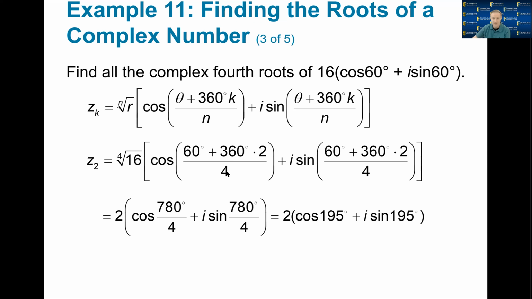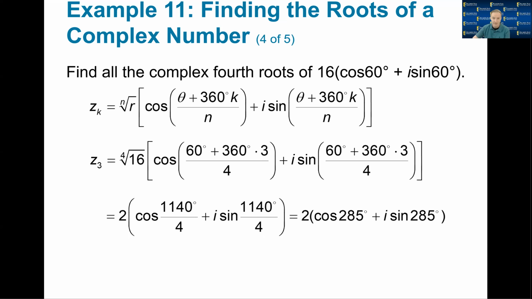Well, 360 times 2 is 720. 720 plus 60 is 780. 780 divided by 4 is going to give you 195. And that's going to be the same angle in both of your trig functions, always the same angle. And so we can see that our third solution occurs when k is 2, and you're going to have 2 times the cosine of 195 plus i sine of 195.